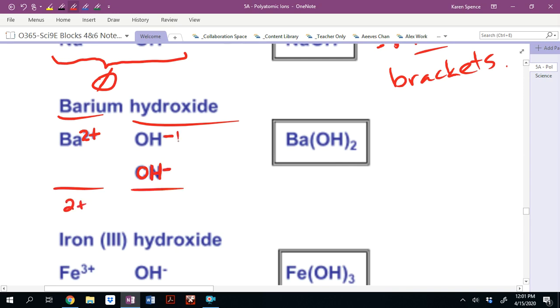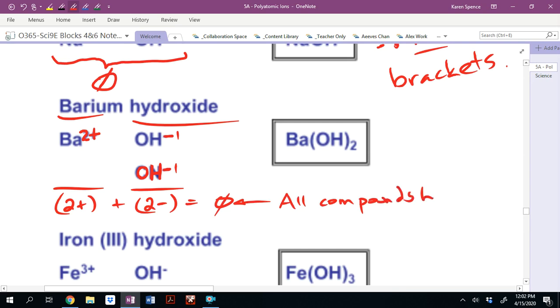My total negative charge, -1 and -1, gives me 2 minus. If I add those together, I end up with an overall charge of 0. Remember, all compounds have a net, which means overall, charge of 0. Nature does not like leftover charges.